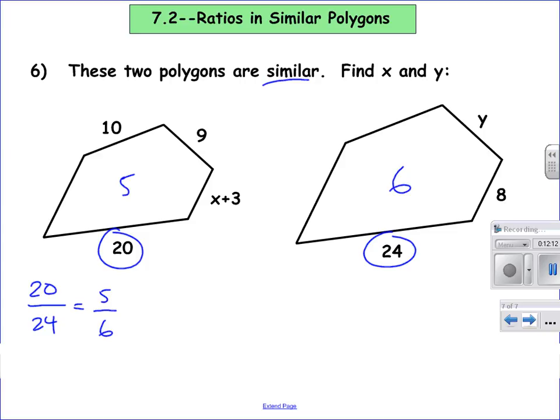Okay? So now 5 is to 6 as 9 is to y. And we solve for that guy. 5y equals 54.